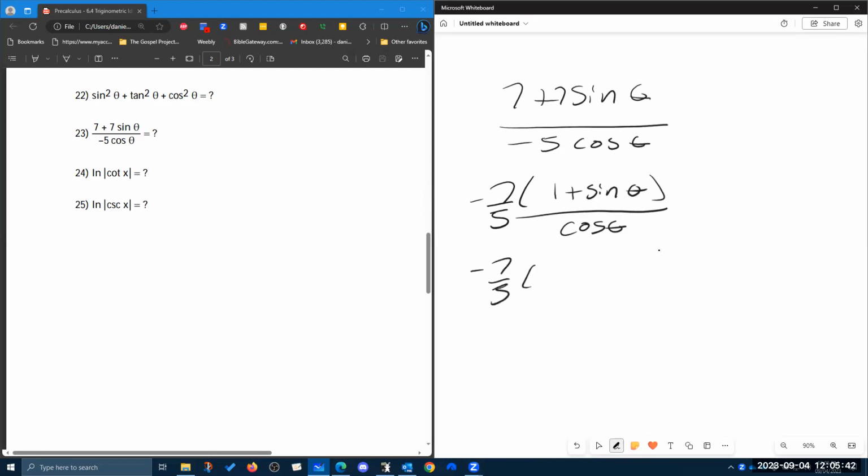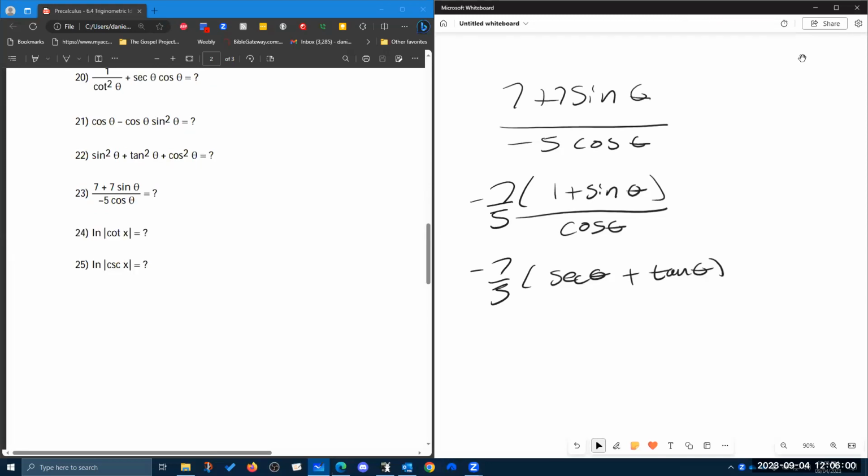So let's just make this secant plus tangent. They actually want us to multiply by the conjugate here.